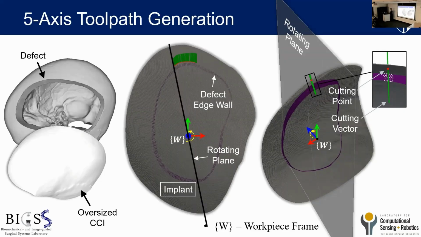And to generate a 5-axis cutting toolpath, we have a rotating plane sweeping the defect. It's a similar approach, but the constraint for this 5-axis laser cutting toolpath is that the fitted cutting vectors have to be within that rotating plane.